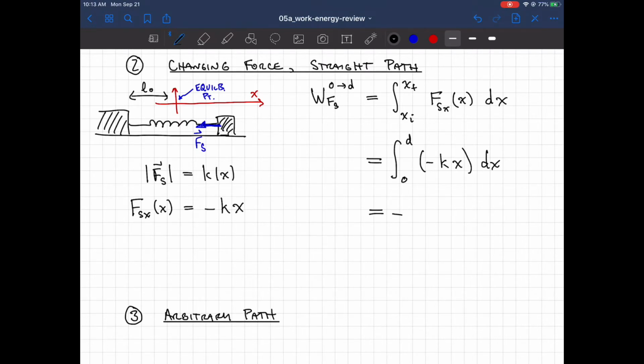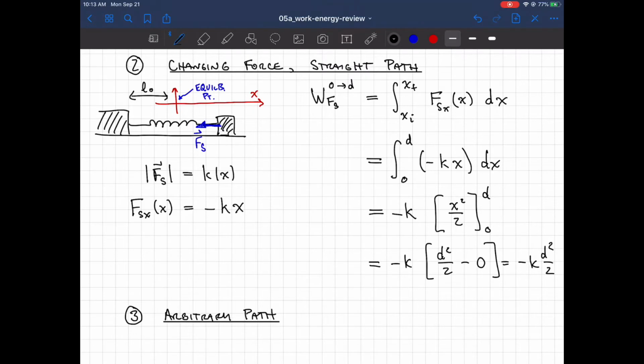What do we find? Well, we have a minus k out front, then we have the integral of x, which is x squared over 2, evaluated from 0 to d. So we get minus k times d squared over 2 minus 0, or minus k d squared over 2.